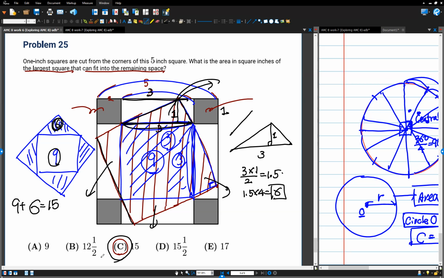So we keep practicing continuously. So don't think AMC 8 is hard. You have to accept AMC 8 is nothing. So easy questions. It's just that you haven't learned yet.